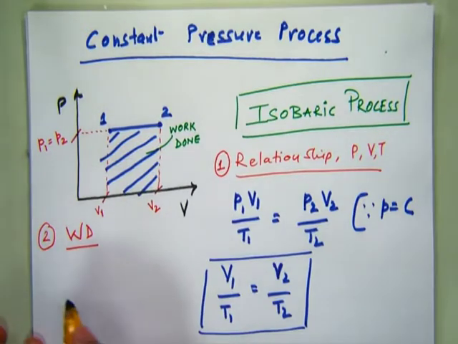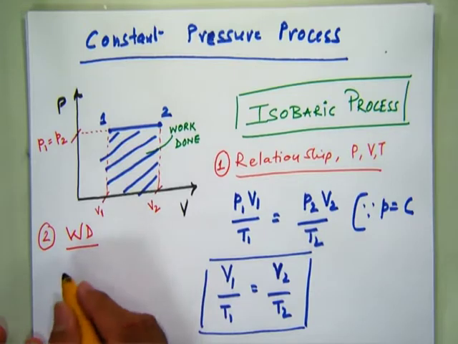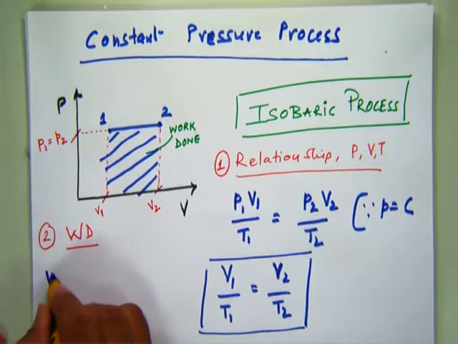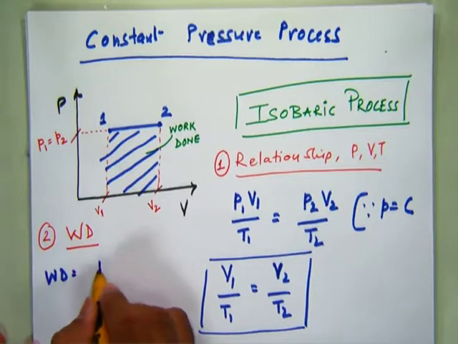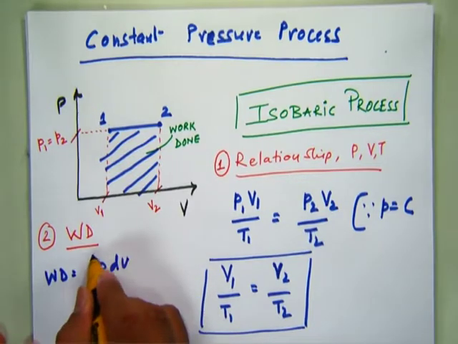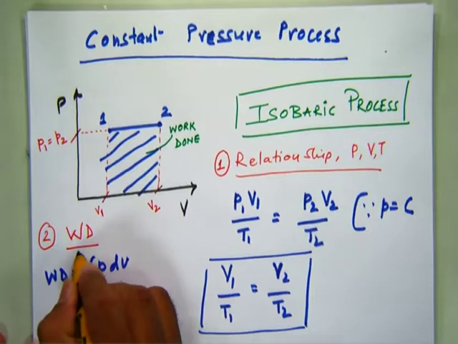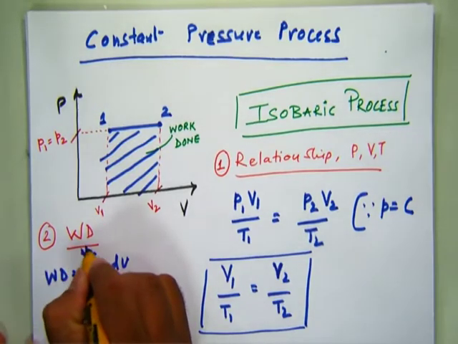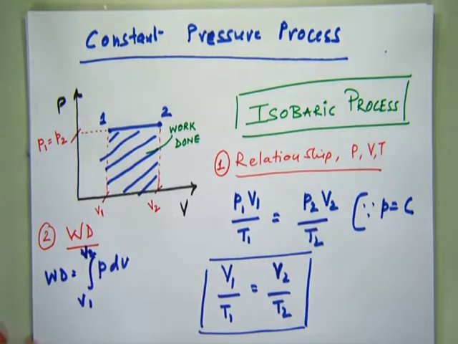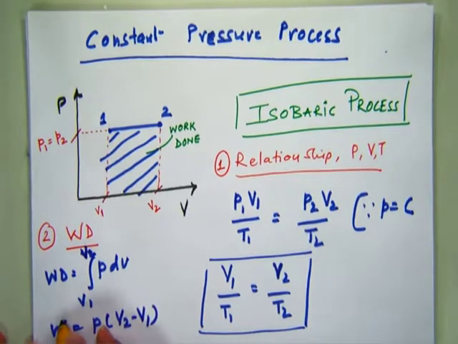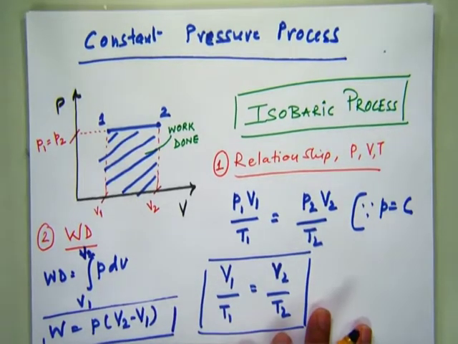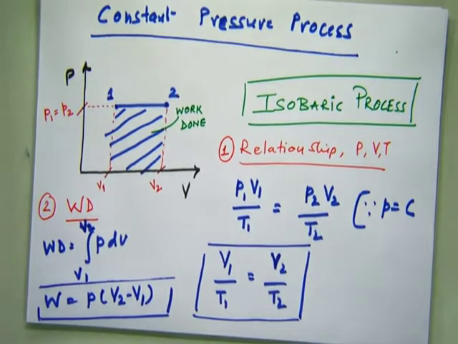So you can get work done is equal to integral of P dV from V1 to V2. This gives you, as pressure remains constant, work is P into (V2 minus V1).